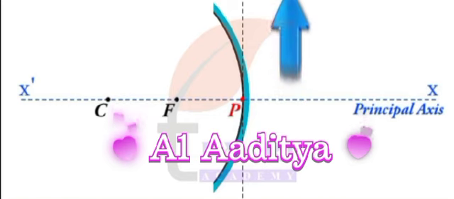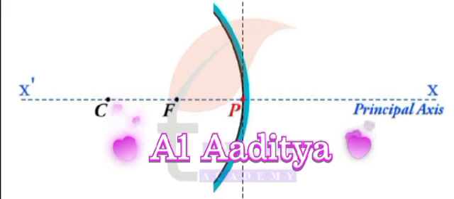Distances measured perpendicular to and above the principal axis along plus y axis are taken as positive. Distances measured perpendicular to and below the principal axis along minus y axis are taken as negative.